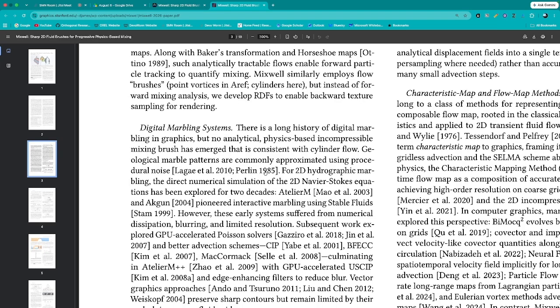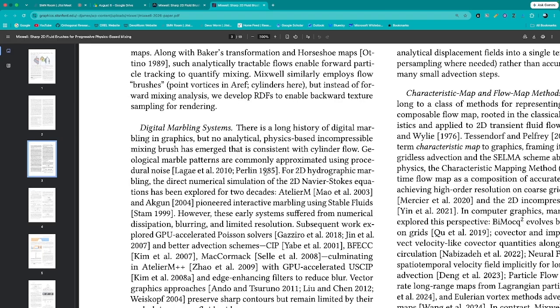For 2D marbling, direct numeric simulation of the 2D Navier-Stokes equations has been explored for two decades. This has been done with something called stable fluids. However, these early systems suffered from numerical dissipation, blurring, and limited resolution.